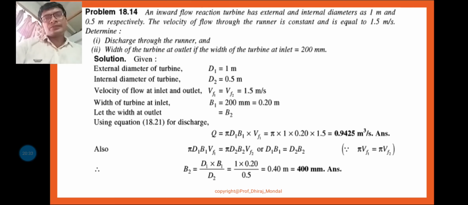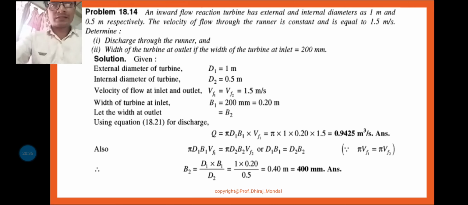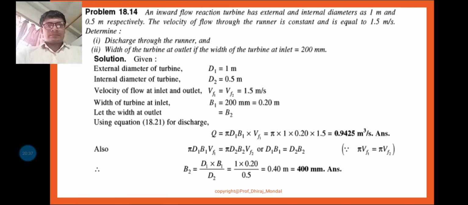The formula of discharge is Q equal to pi D1 B1 into Vf1. Putting in the values, we get 0.9425 meter cube per second. Now pi D1 B1 into Vf1 is equal to pi D2 B2 into Vf2.